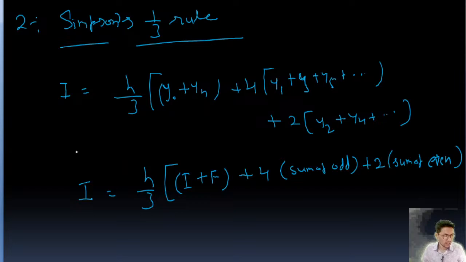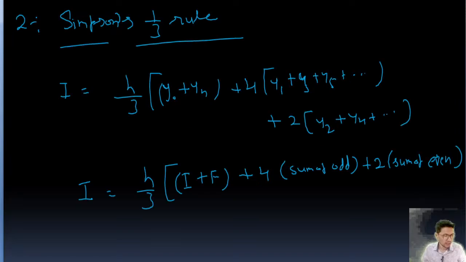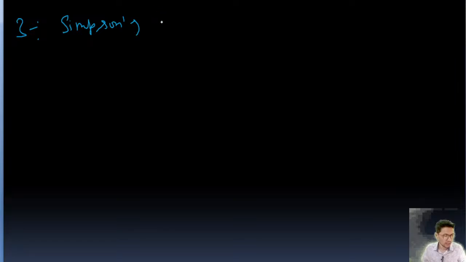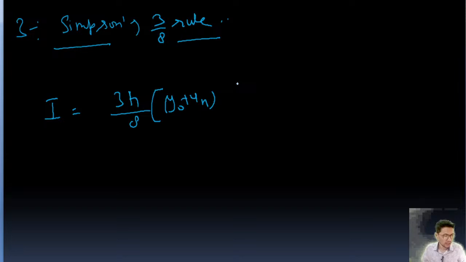Next, the third rule is Simpson's 3 by 8 rule. So y0 plus yn, plus 3 into y1 plus y2 plus y4 and so on, plus 2 into multiples of 3.